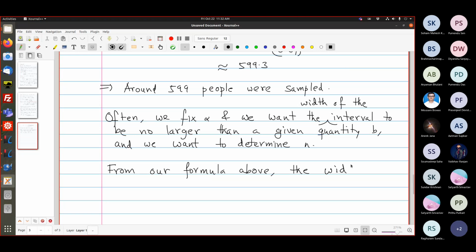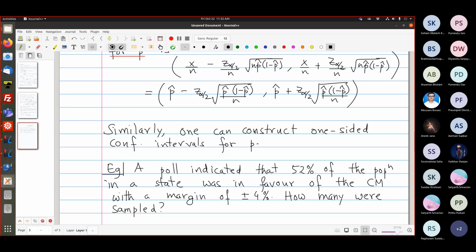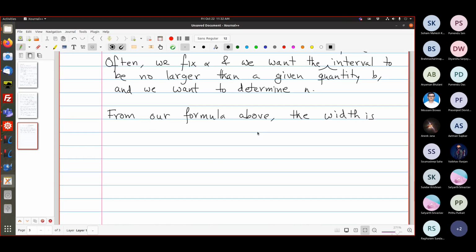The width, if you see here, is twice this quantity. So it's twice z alpha by 2 times the square root of p hat (1 minus p hat) by n, which is approximately twice z alpha by 2 times the square root of p(1 minus p) by n.